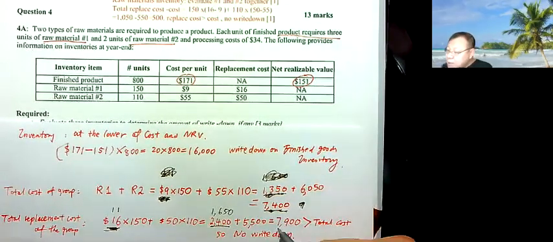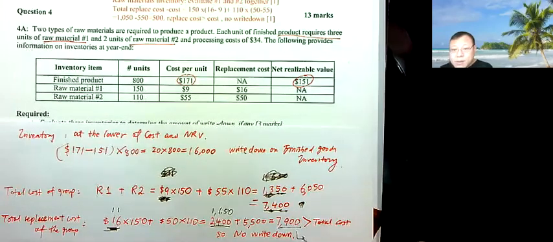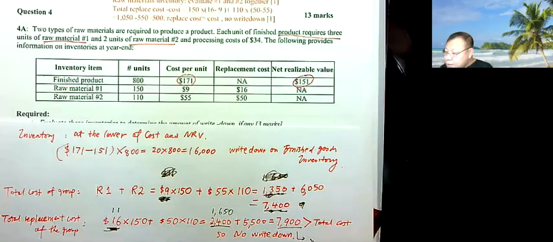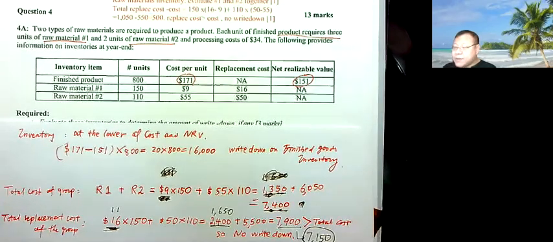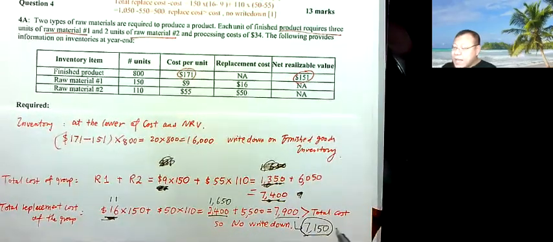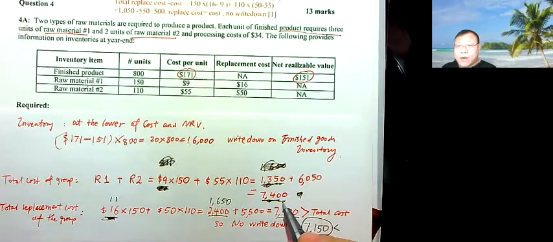And now this number is going to be 7150. Then the total replacement cost is going to be 7150. That's going to be less than 7,400, less than total cost.